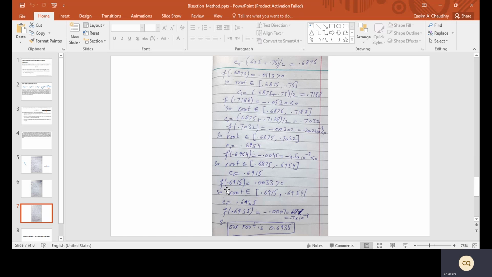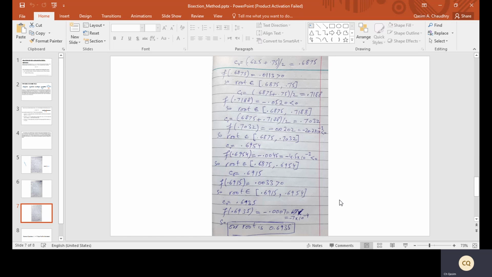Students, now 2 or 3 points are important. The first point is why I have shown this one. What is the reason behind it? Actually, sometimes in the exam or maybe in practical life, you are asked that since the root means the point at which the function is 0, the final answer should be 0.